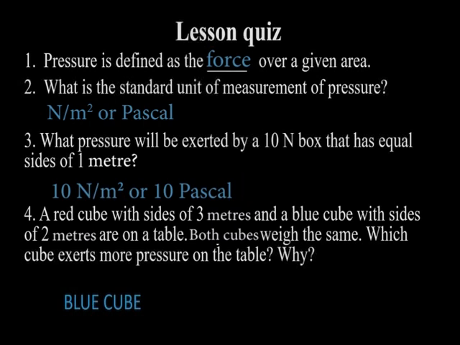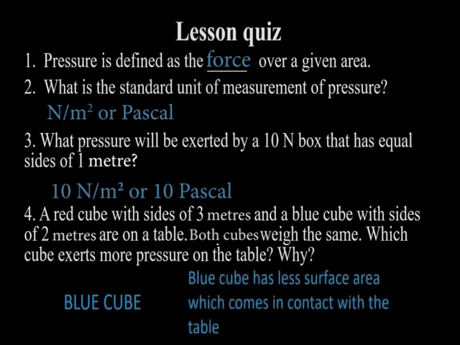The blue cube exerts more pressure because it has less surface area, but the force is the same in both cases. The blue cube has less surface area in contact with the table as compared to the red cube. That is why it exerts more pressure.